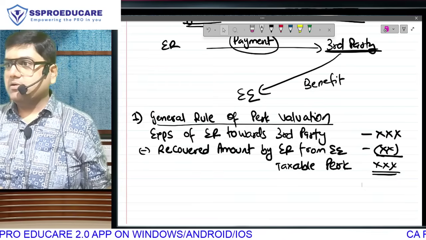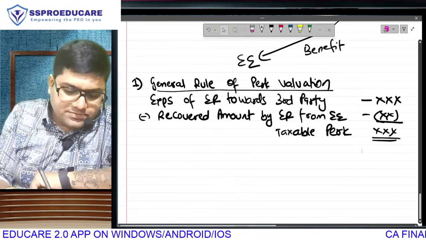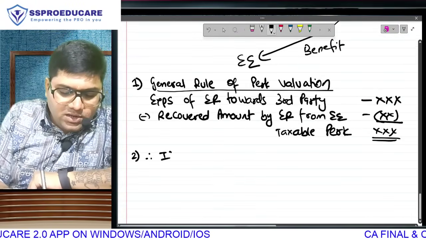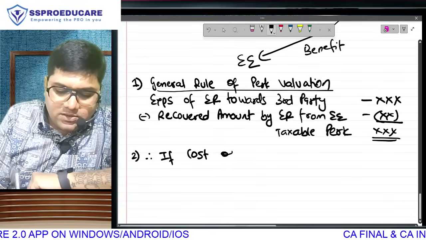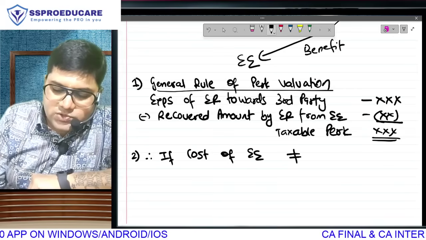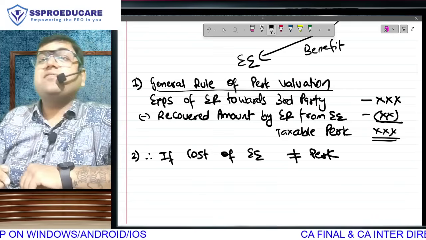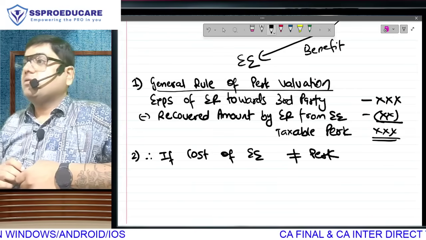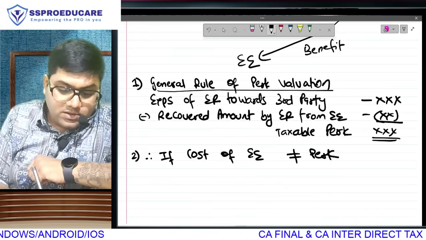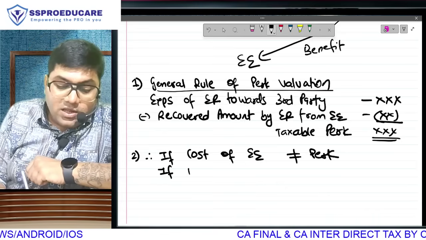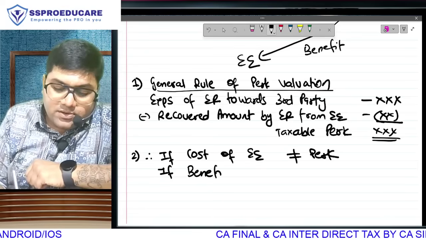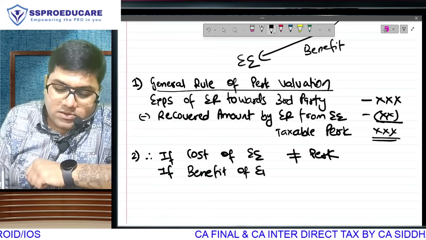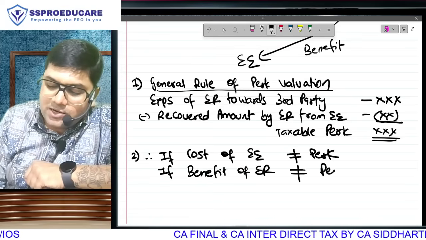Is that clear? So two things you will have to understand. Therefore, if cost is of employee, it is not a perquisite, which is why we are subtracting that much amount. Correct? And one more thing, very important: if benefit is of employer, that also can't be a perquisite.